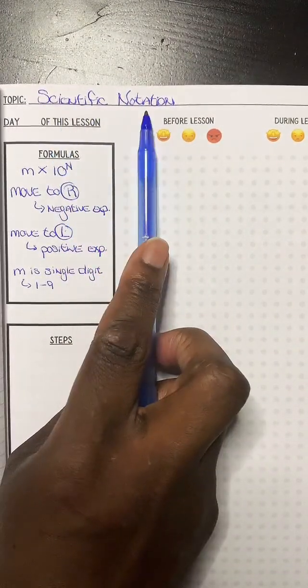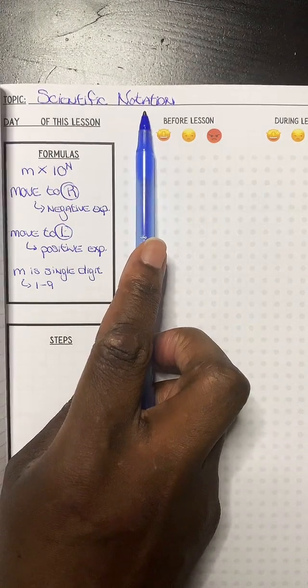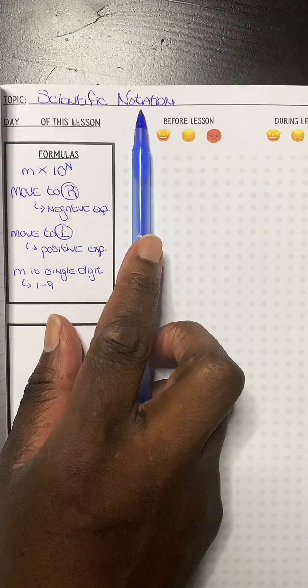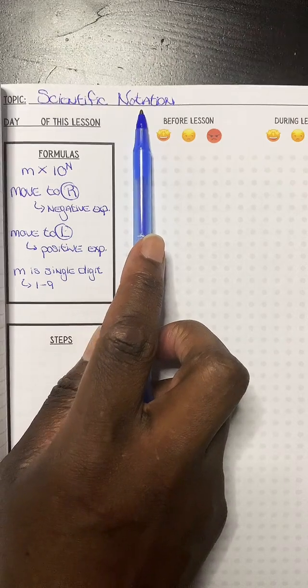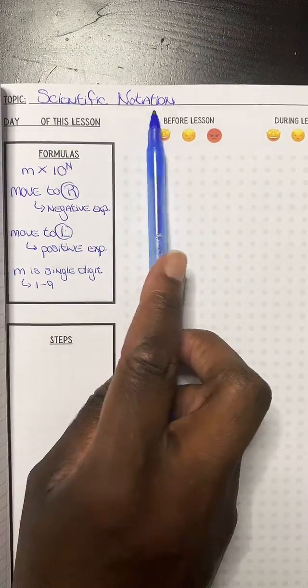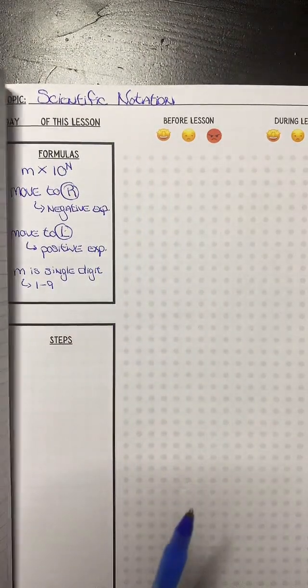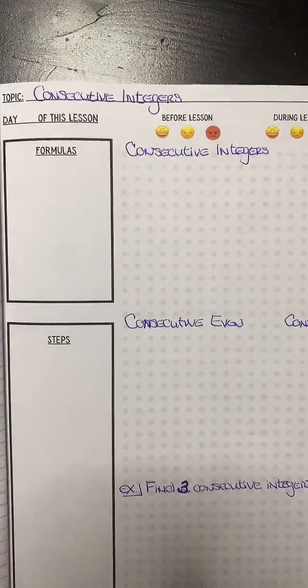Scientific notation is going to be in every one of those assessments: your GED, the TEAS test, ASVAB, ACT, SAT. They all have scientific notation. So I'm going to go over those 2 concepts tonight.